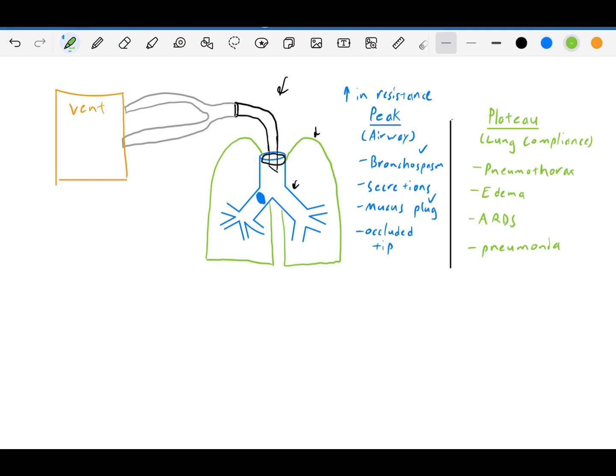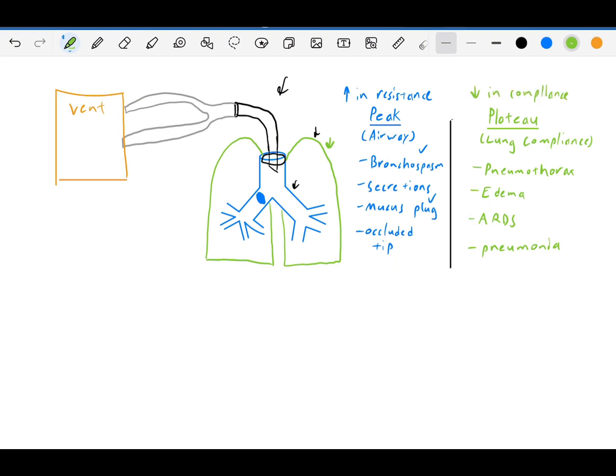Now let's think about plateau pressure. What does an elevation in the plateau tell us as clinicians? The plateau pressure looks at the compliance of the lungs, here in green. If your plateau pressure is elevated, that means your lungs are less compliant.